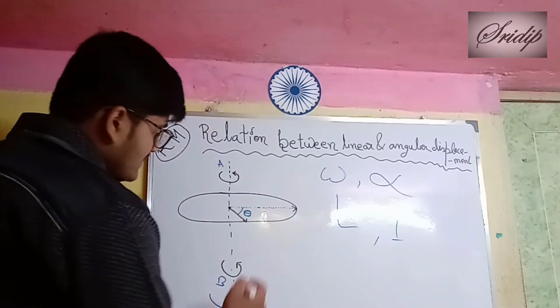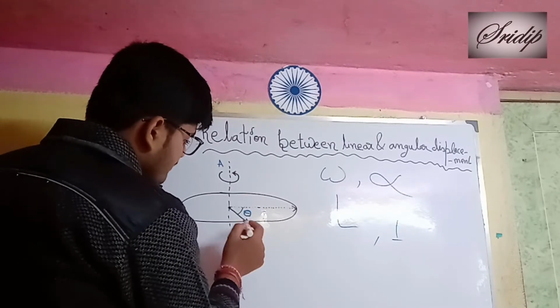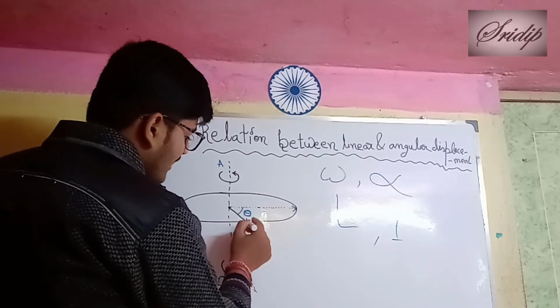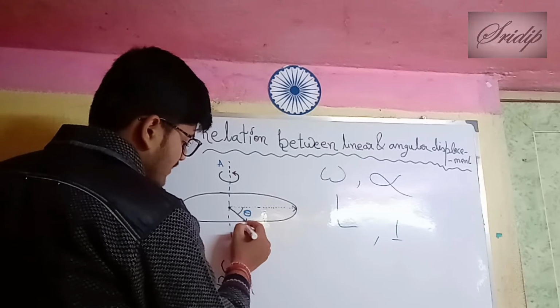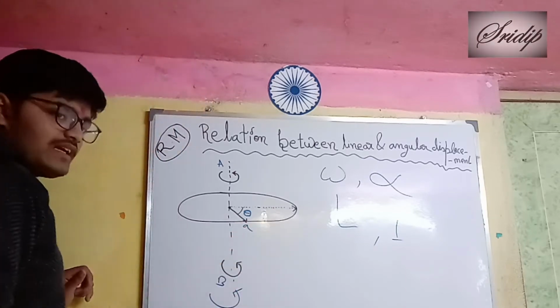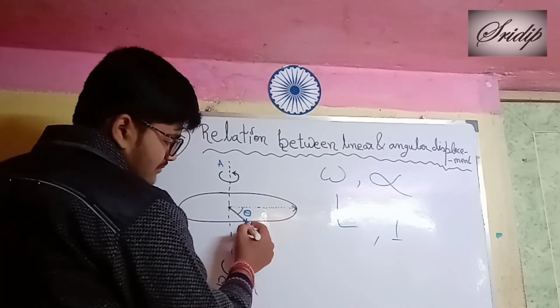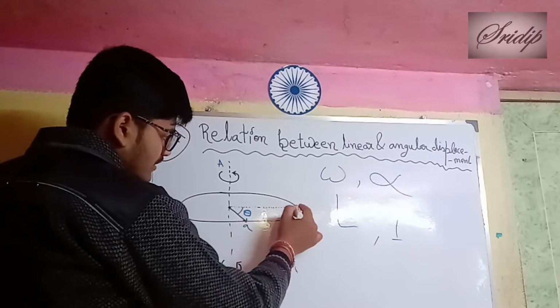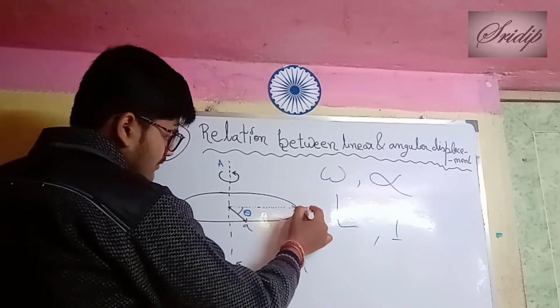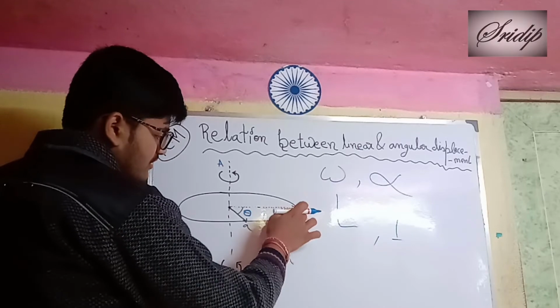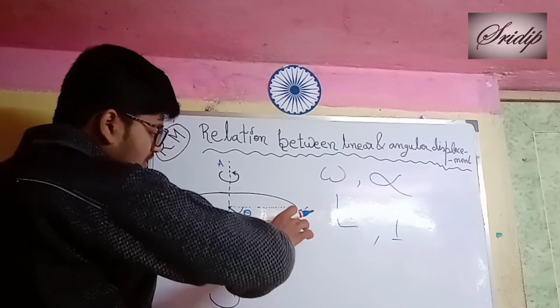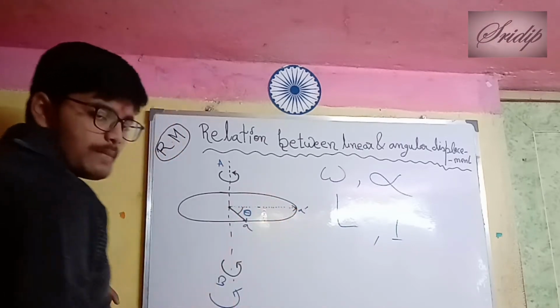We will see that any particle, suppose this particle is small a, then after a certain time this particle A will be over here, then over here, and it will reach over here, so it will cover an angular distance.